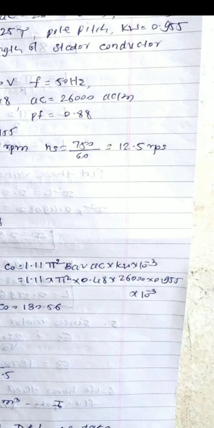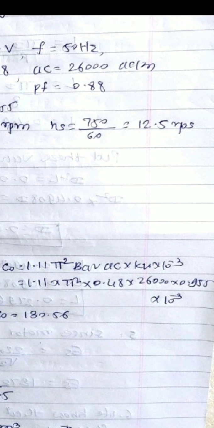Put the value: 1.11 into pi square, B average is 0.48, into 26,000 into 0.955 into 10 raised to minus 3.